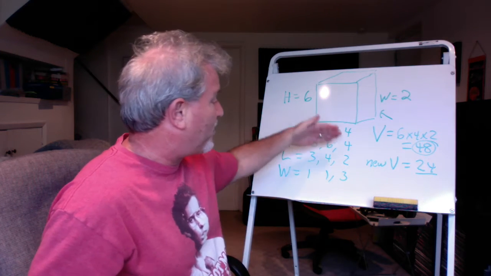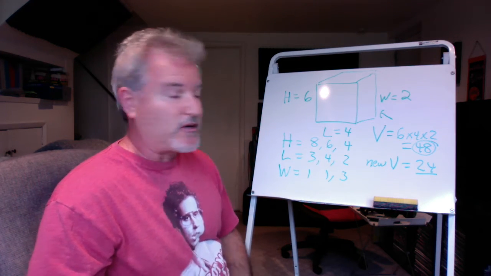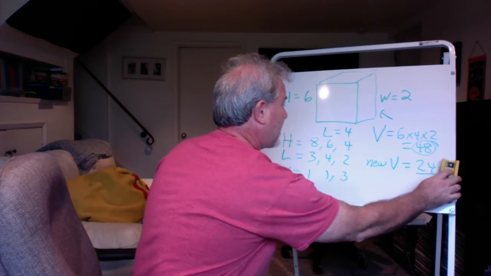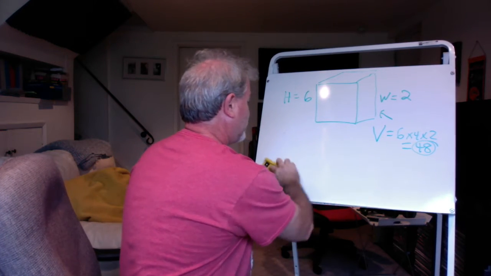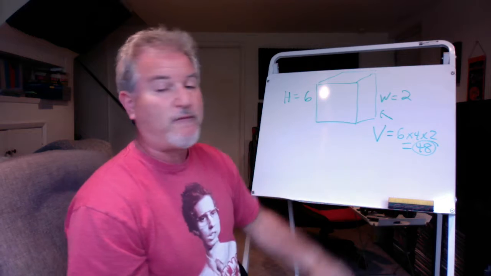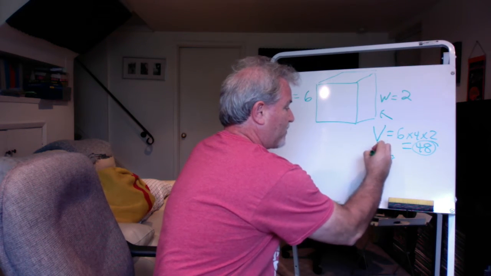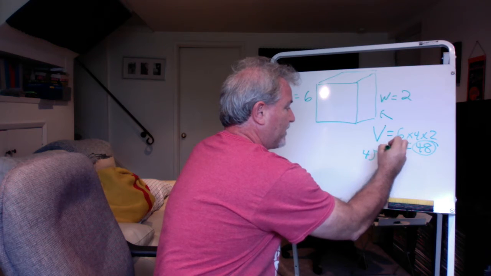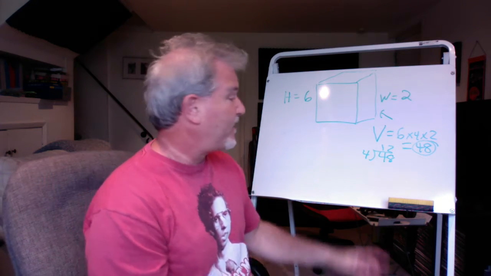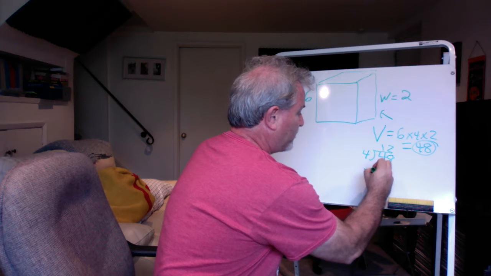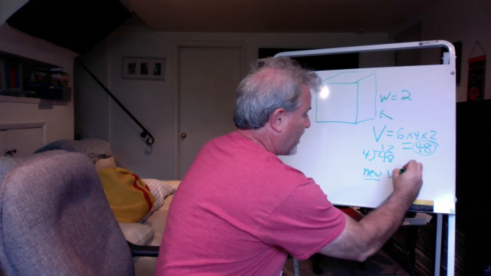And then you can make up whatever dimensions you want. If I was going to do something that's a fourth as big, then you would figure out 48 divided by 4 is 12. So that means my new volume would have to be 12.